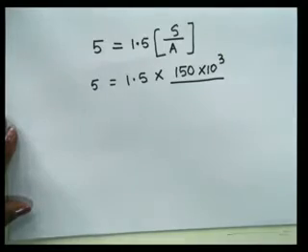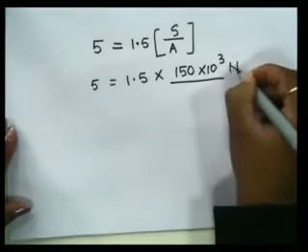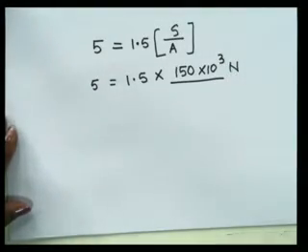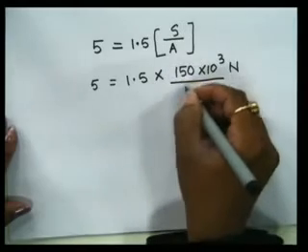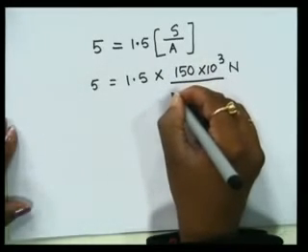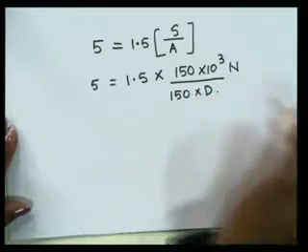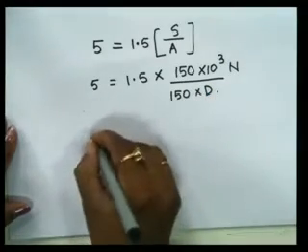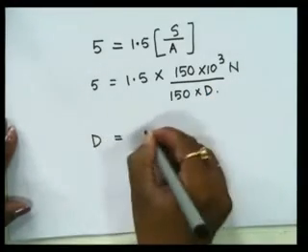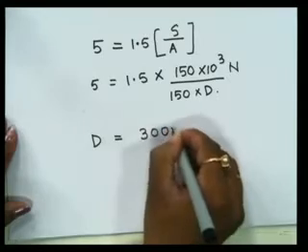So I'll put it in terms of Newton, so I multiply by 10 to the power 3, divided by area. Area is B into D. What is B? 150. D I don't know, we have to calculate. When you solve this, you'll get the answer as 300 mm.